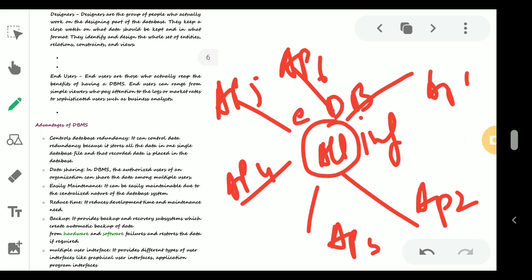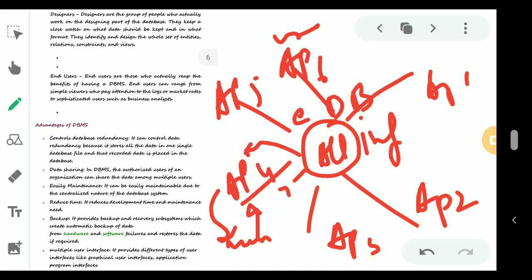Whenever a user raises a query through the application program, the application program raises the query to the central DBMS. From the central DBMS it is retrieved back to the application program and from the application program to the user end. In this way it is done. So storage is saved, because if you keep the information in the central database system, there is no need to store it in all the application programs.